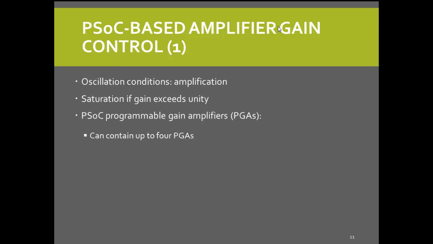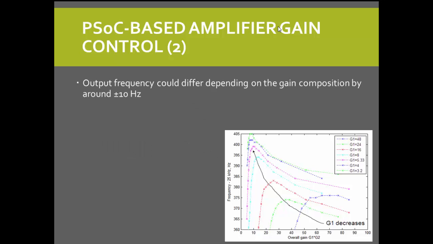So we used the programmable gain amplifiers implemented in these PSOCs. We can program up to 4 PGAs inside one PSOC, and there is a wide range of available discrete gain settings, and we can cascade these amplifiers.